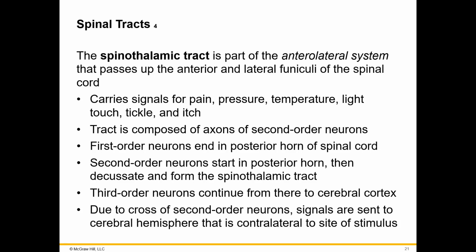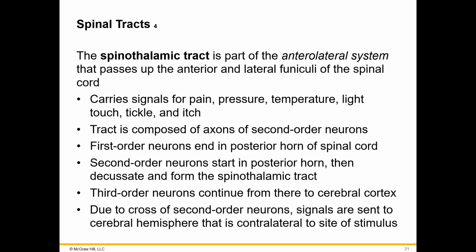The anterior horn or the ventral horn is dealing with motor neurons. So the second order neurons start in a posterior horn and then they decussate and form the spinothalamic tract. So they start in the posterior horn, bringing in sensory information dorsally.